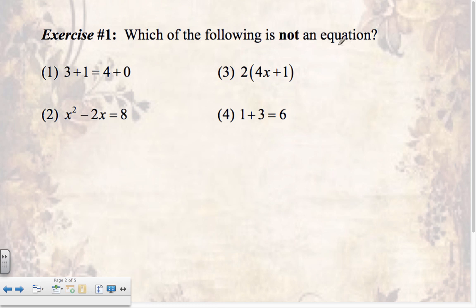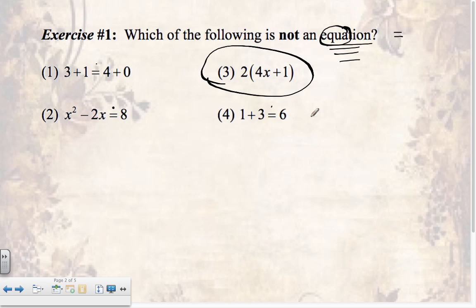So let's just get the word equation down. Equation means there must be an equal sign. So in this exercise below, which is not an equation, this is a pretty easy one. Even if you didn't know that an equation must contain an equal sign, you could look at these 4 multiple choices and realize which one of these is not like the other, and it's choice 3.